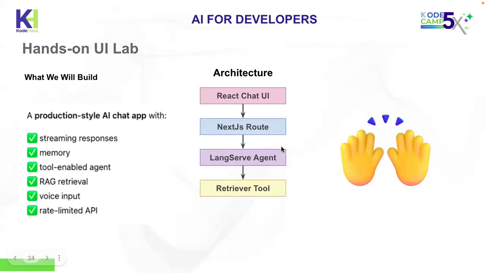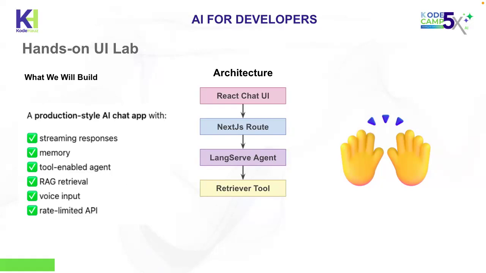So now when we come back, we're going to build a production style AI chat app. We're going to have a tool enhanced RAG agent, basically an agent that has tools and has a RAG as one of the tools. We'll build a RAG, then toolify that RAG by attaching it to a tool function.